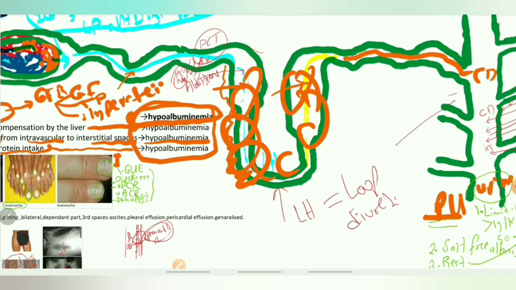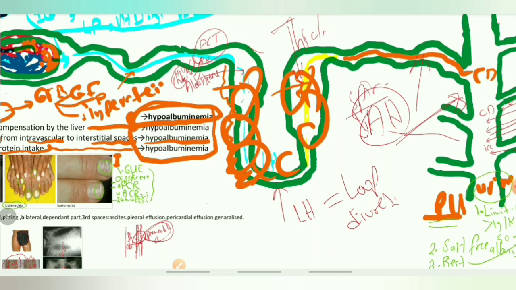Sometimes we need to use an antagonist to aldosterone, which acts on the distal convoluted tubule and the collecting duct, that is to say spironolactone and potassium sparing diuretics. And sometimes we need to use thiazide, acting on the ascending thick limb of Henle. We need to use multiple diuretics whenever there is resistance.